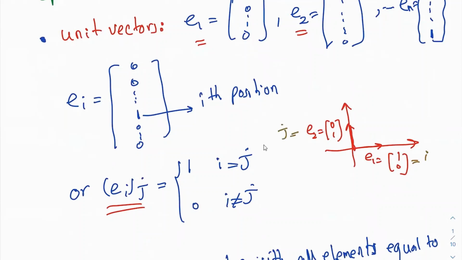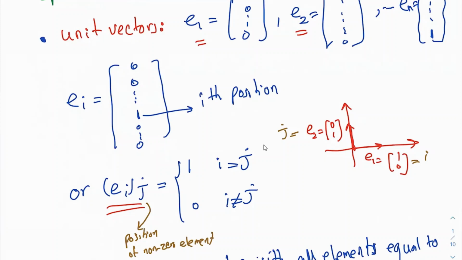and E2 is j, right? Now I have a definition of unit vector here, like e_ij. j is the position of a non-zero element. This determines the position of the non-zero element. And then e_i is telling you which unit vector you're actually choosing.